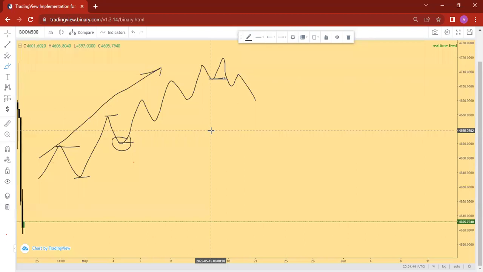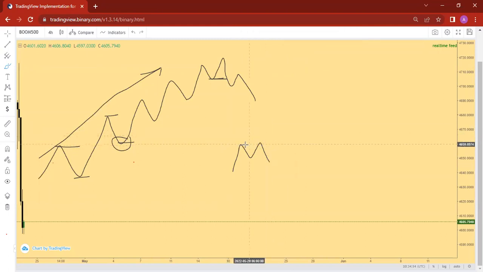Now, sometimes equal highs can also mean reversal patterns. When you see price forming equal highs, what it means is that, for example, let's say we're on an uptrend.